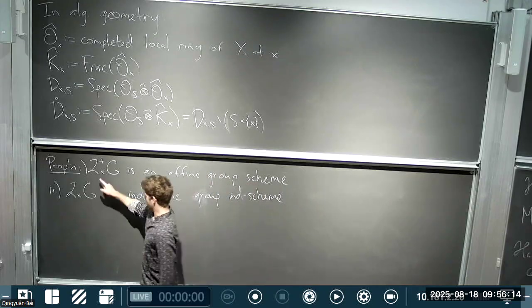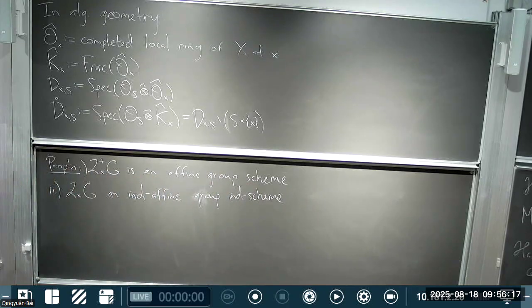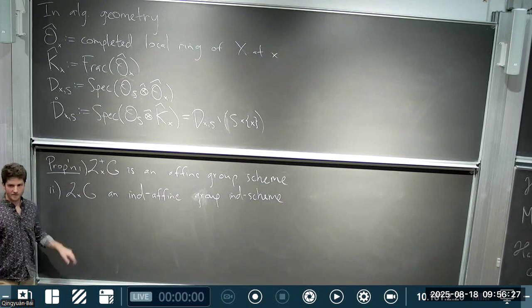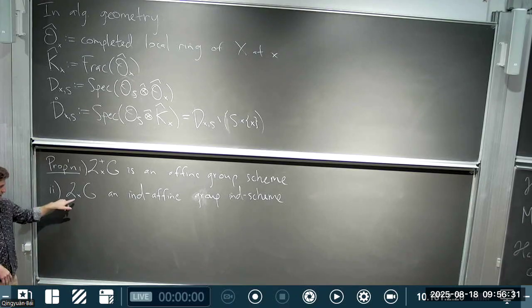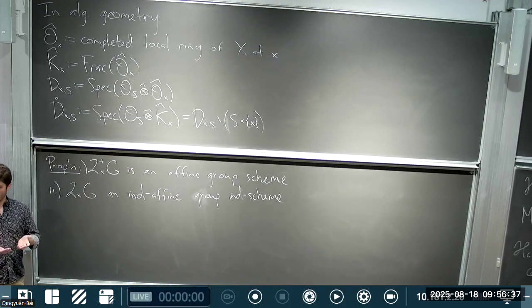For L_X G, the loop group, it contains the arc group as a subgroup, and it's sort of the loops which extend to a map out of the disk. And then I can consider loops which have a pole of order 1 and order 2 and order 3 and so on. In fact, if I bound the order, each of those will be subschemes, but not subgroups, which are themselves affine.